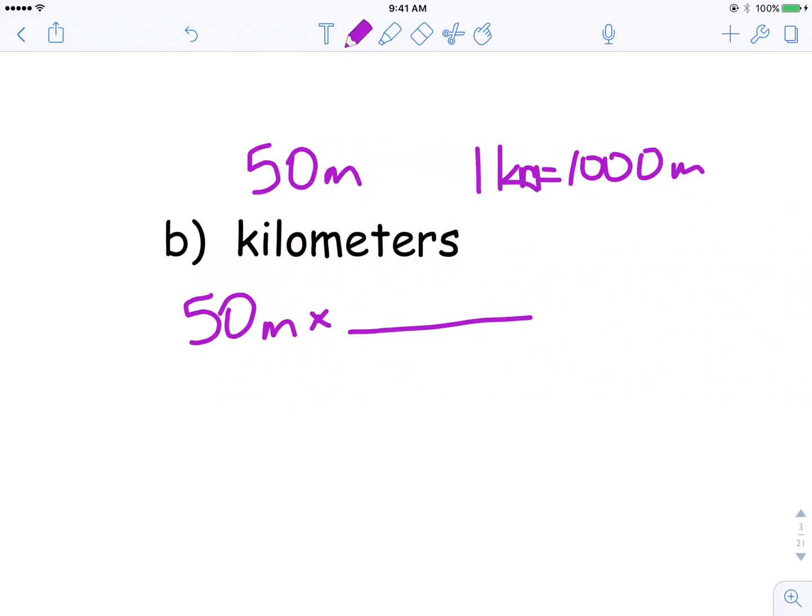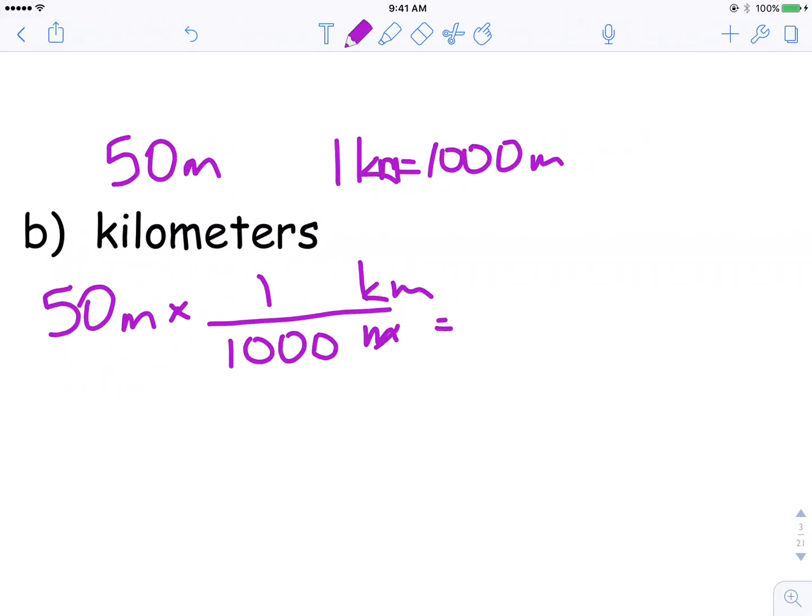I want my meters in the bottom, kilometers on the top. That gives me 1 over 1,000. In this case, my meters will cancel. I'm left with kilometers, which is 50 over 1,000, or 0.05 kilometers.